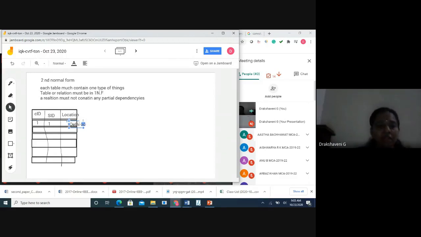The next one is 1, then 3, then Mumbai. This is one more row.